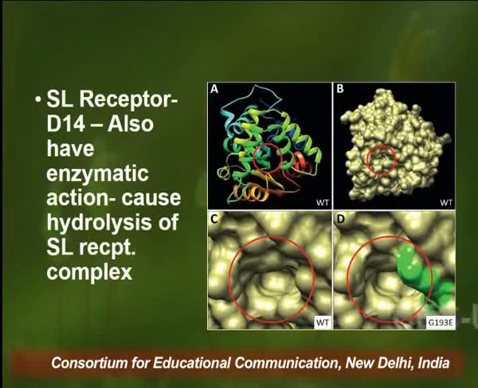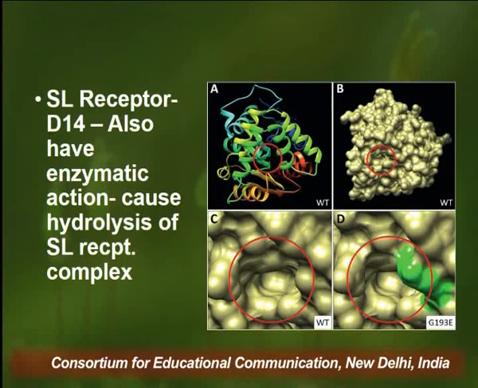Now the important thing about the strigolactone receptor, specifically D14, is that it has 4 helices in its structure, as you can see in the picture. These 4 helices are arranged in such a manner that they form a cavity. You can see that cavity in part B of this figure, and in the magnified part C of the figure.